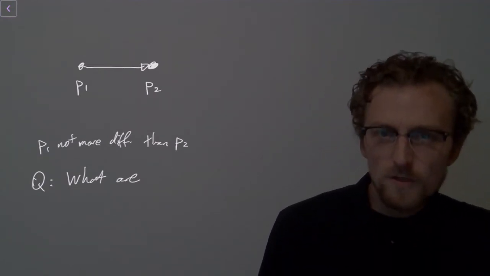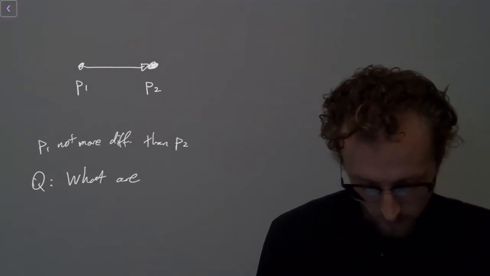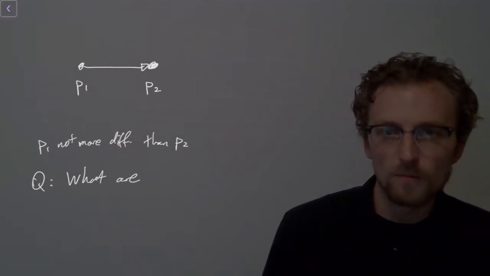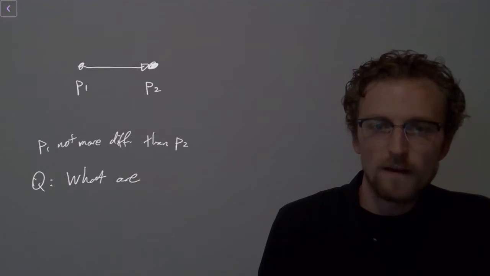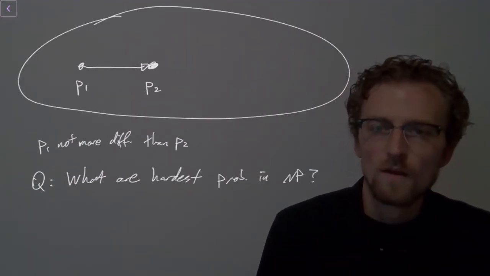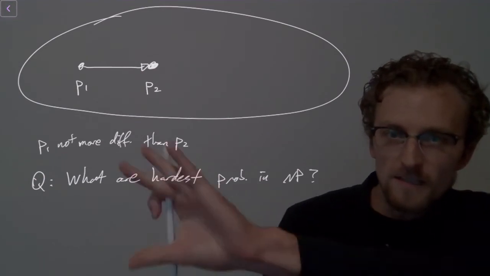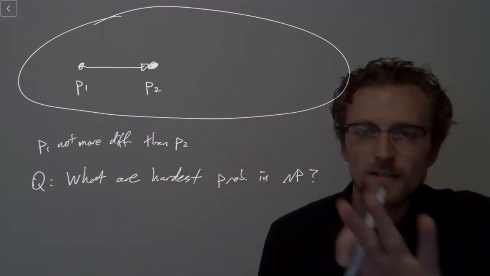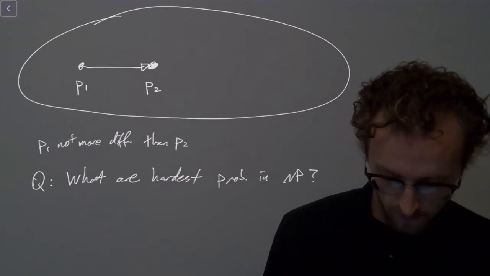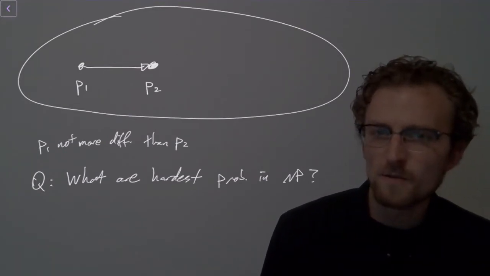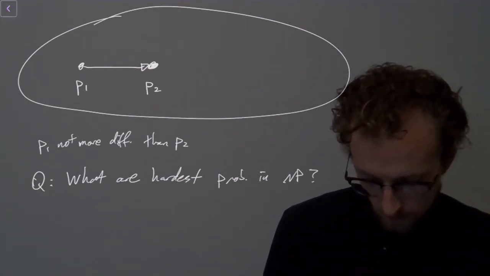Okay, so if we visualize this class of problems called NP, the class of problems whose solutions can be verified in polynomial time, we can picture a sequence of problem reductions from easy stuff to increasingly more difficult stuff, and ask where this sequence ends.